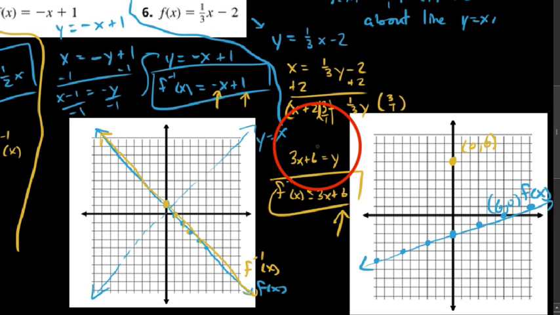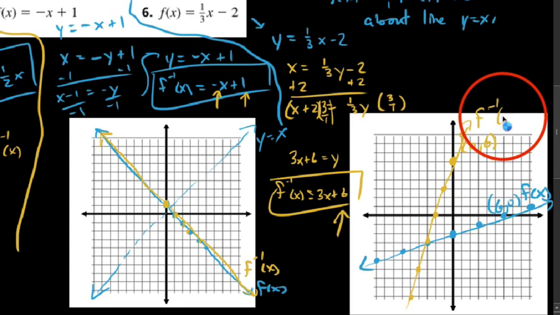We'd say up 3, right 1, which would be the same thing as down 3, back 1. I'll do this again here. Down 3, back 1, down 3, back 1. Okay, and so sketching this in, we could see that this is f inverse of x.